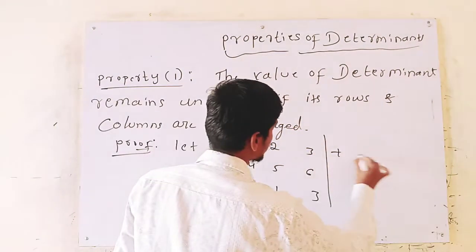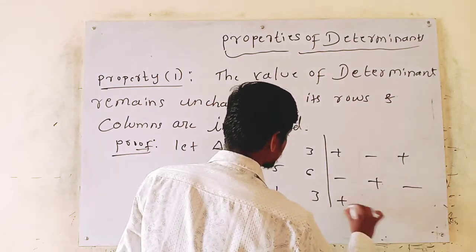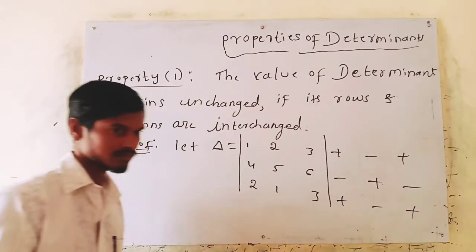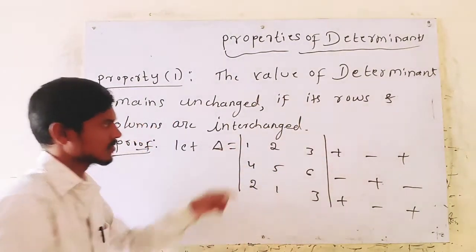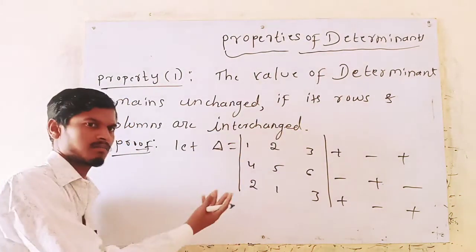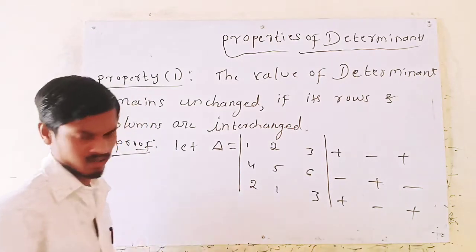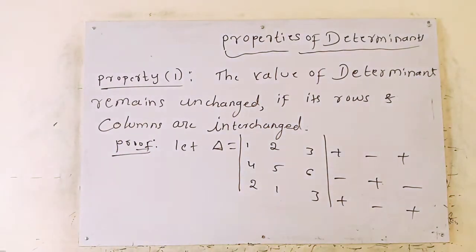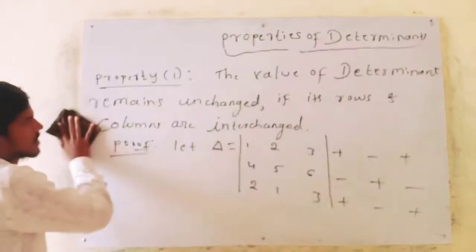Take the signs: plus minus plus, minus plus minus, plus minus plus. You can expand along any row or any column, because there is no 0 here, you have to go for any one. No problem. See what is the answer. Check for this one.